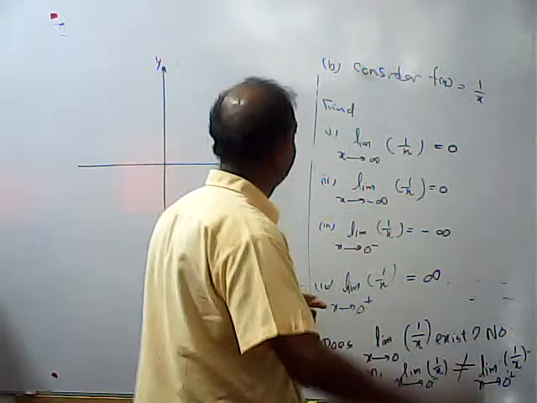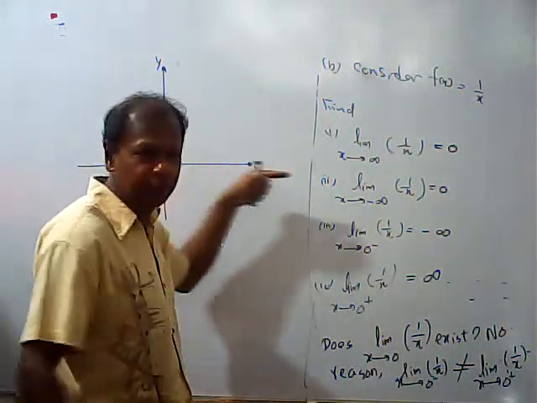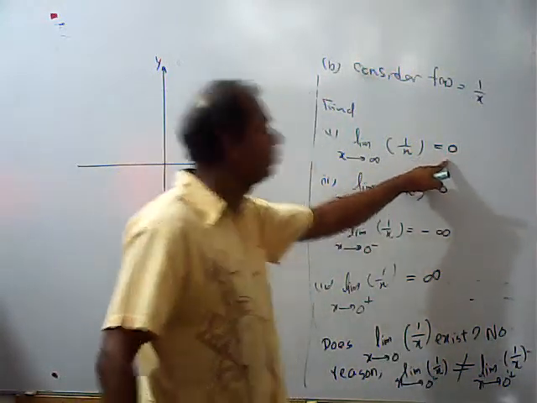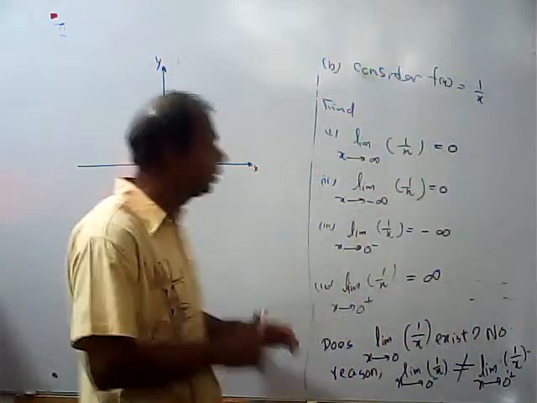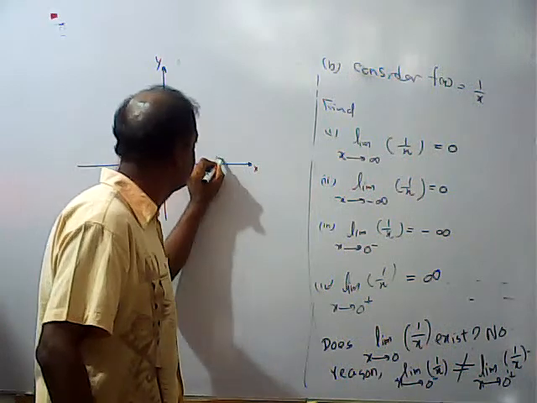Earlier you said as x goes to positive infinity, 1 over x gets closer to 0. So you said 1 over x gets closer to 0. As x goes to positive infinity, 1 over x gets closer to 0.